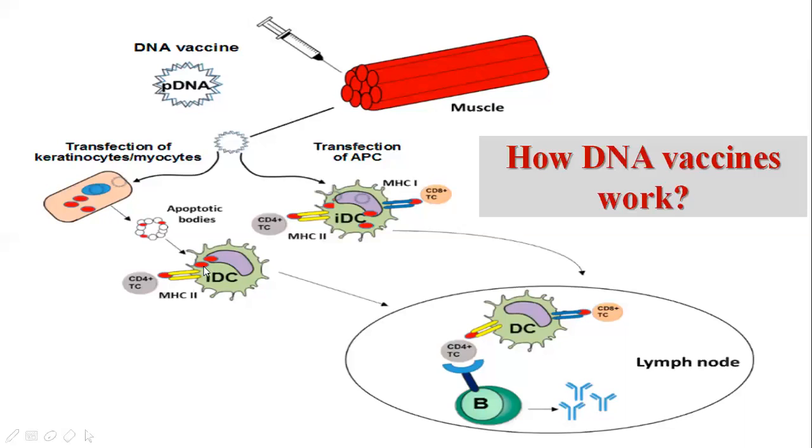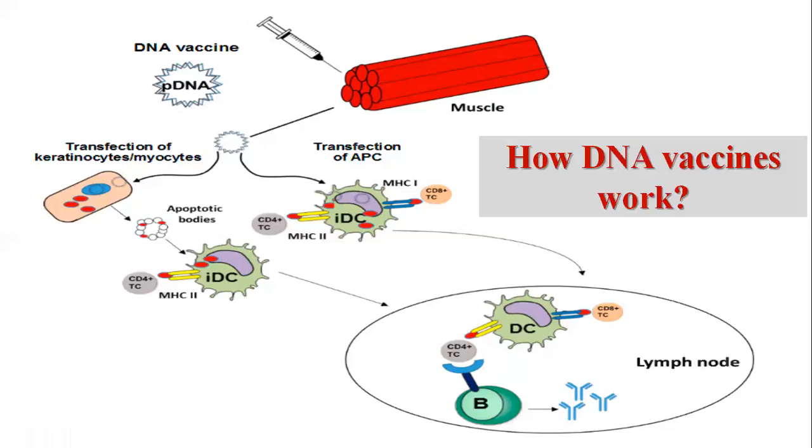So this IDC has endocytosed this antigen or the protein, which subsequently presents the antigen preferentially via major histocompatibility complex type 2 molecules and interacts with the CD4 T cells, that is the helper T cell, in draining lymph nodes. So now they are coming here to the lymph node, from the blood vessels to the lymph node.